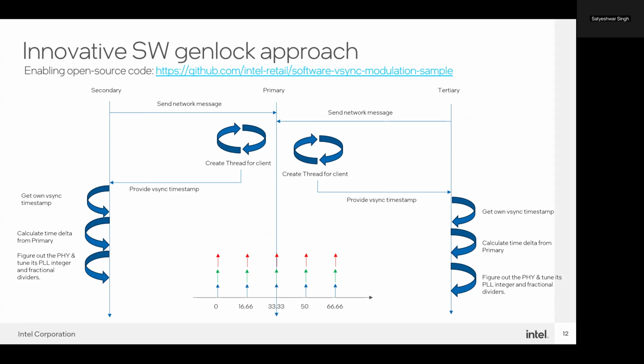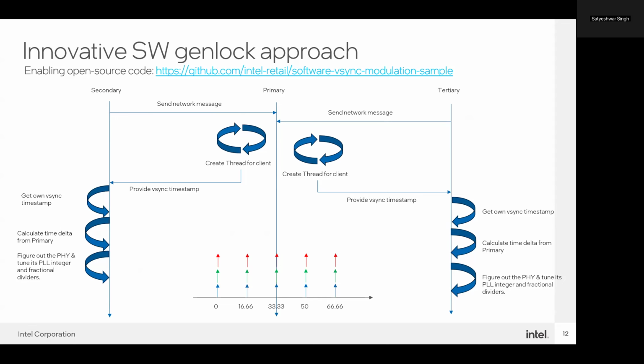So they find out first how big of a delta they have, and then we go about tuning the PHY's integer and fractional dividers such that the vsync would be slightly slower or faster.